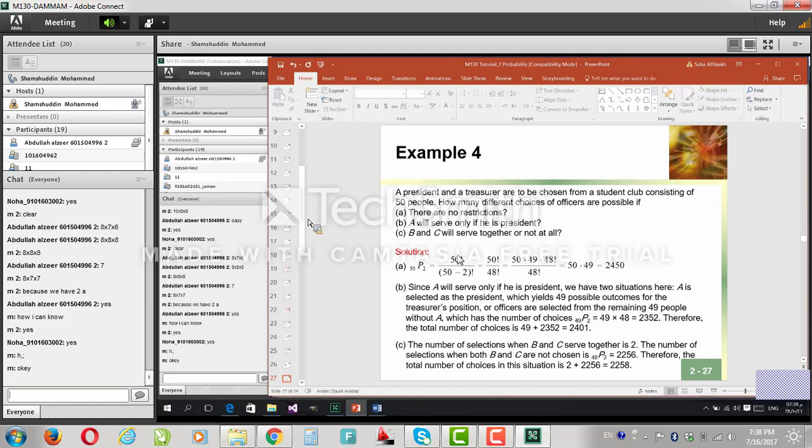One more example here. I want you to pay attention to this example. A permutation in general, but we have a condition. We have 50 people, so 50P2.